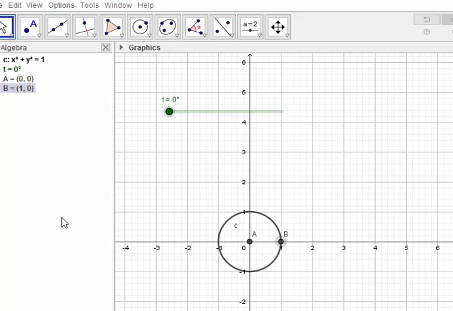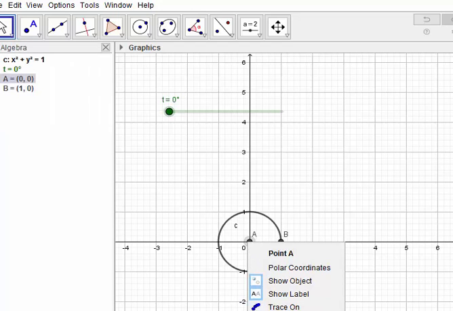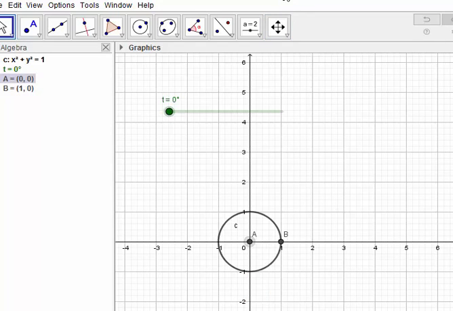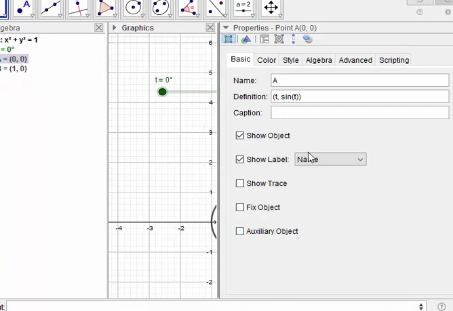Here's an animated version with Geogebra. I have a slider where I can run t from 0 to 360 degrees, and I chose to use degrees here instead of radians, although it's very common to have our variable be radians. And the point A is, if you look at the properties, the point t, sine of t, so it'll map out the sine curve.